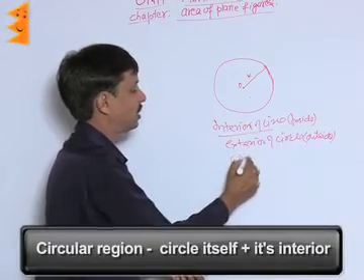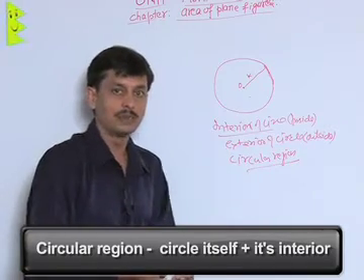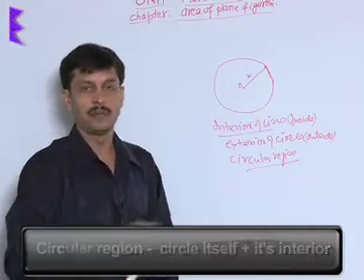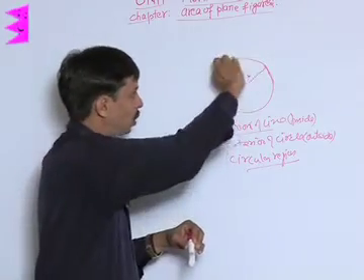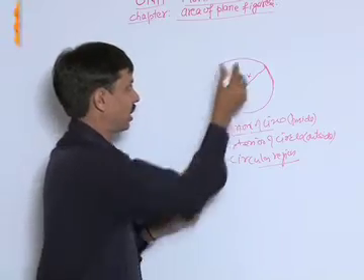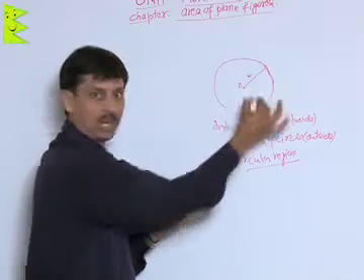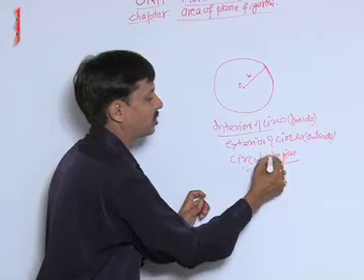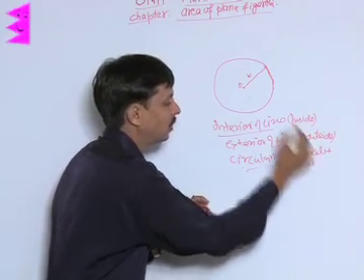Now what is the circular region? When we draw a circle with a sharp pencil, some part of the paper is also colored black by that pencil. So the circle itself plus its interior is known as the circular region. The circular region is the circle plus its interior.